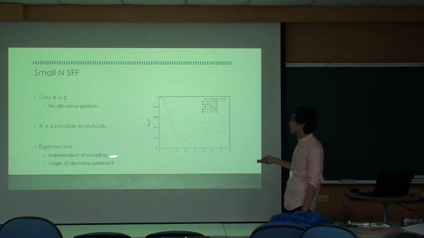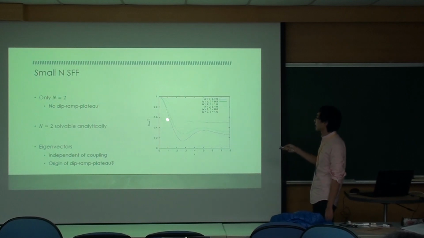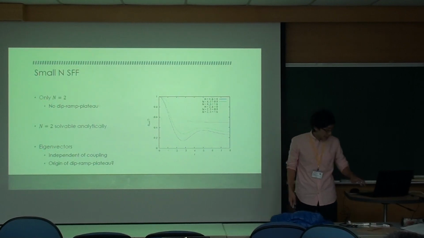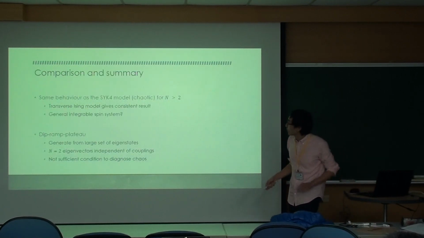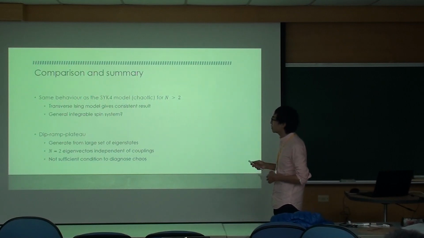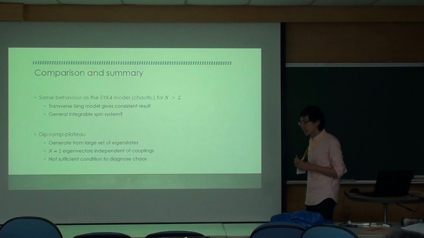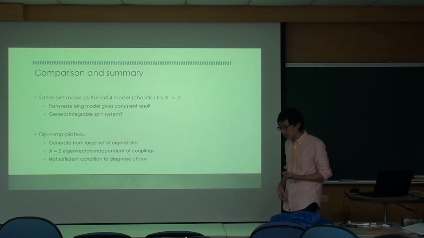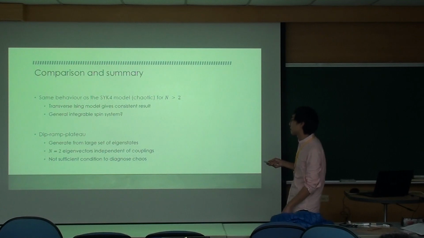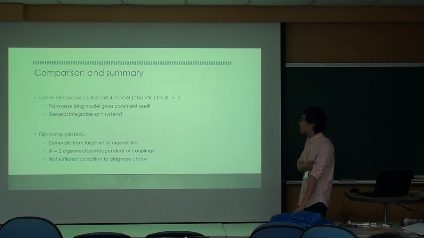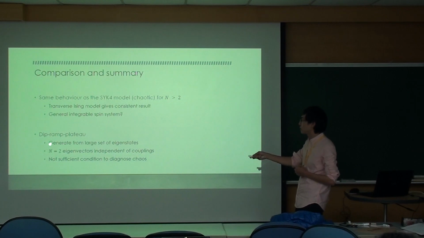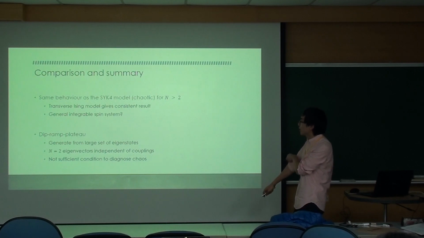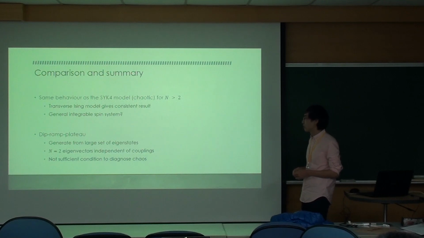So if your eigenvectors are independent of the coupling, you'll never get that behavior in the spectral form factor. That suggests the spectral form factor is only an indicator that our eigenvectors depend on the random coupling of the system. If it goes down to a very simple, exactly solvable system like n equals 2, then we no longer obtain that structure in the spectral form factor.